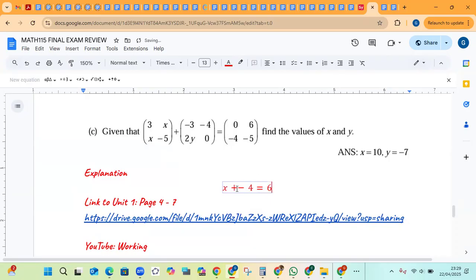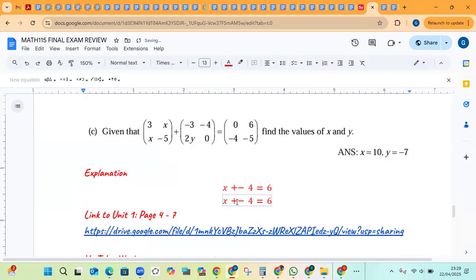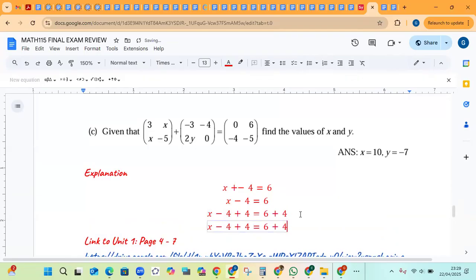With that, we can solve for x. X plus -4, and a positive times a negative is a negative, so that's x subtract 4 is equal to 6. We have to add 4 on both sides to cancel out the 4. So 4 cancels out on the left, and we are left with x is equal to 10. 6 plus 4 is equal to 10.